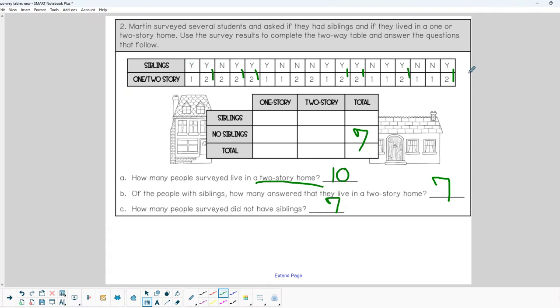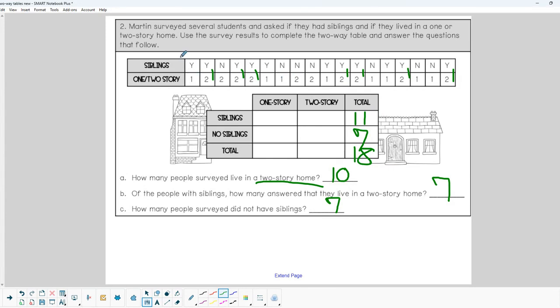And as far as how many people were surveyed, 1, 2, 3, 4, 5, 6, 7, 8, 9, 10, 11, 12, 13, 14, 15, 16, 17, 18 people were surveyed altogether. And 18 minus 7 means that there's 11 who did have siblings.